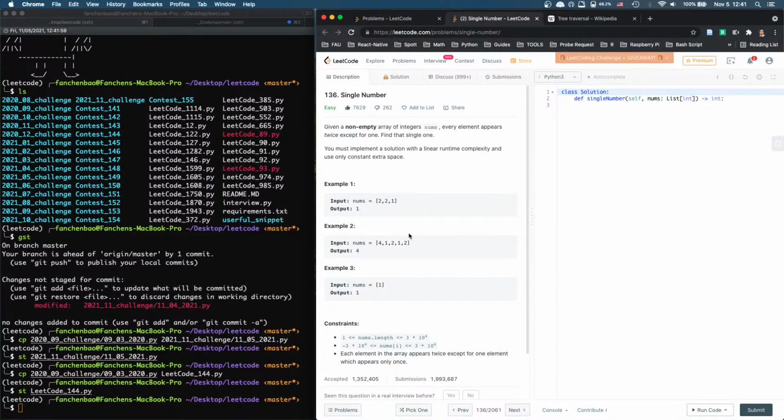Wow. The label is easy, but I actually have no idea. What is the trick? I mean, we can solve this. Solving is not the issue.